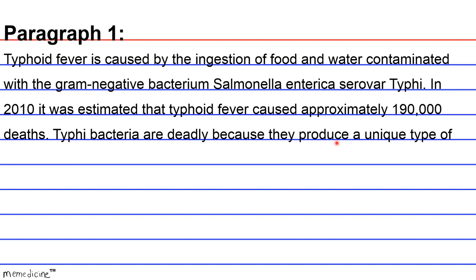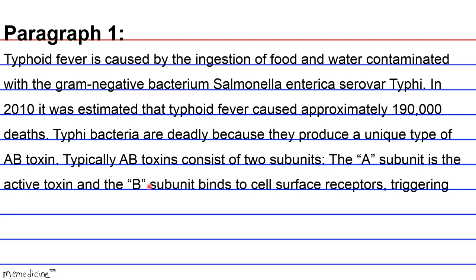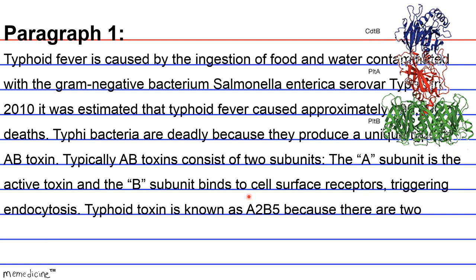Typhi bacteria are deadly because they produce a unique type of AB toxin. Typically, AB toxins consist of two subunits. The A subunit is the active toxin, and the B subunit binds to cell receptors, triggering endocytosis.